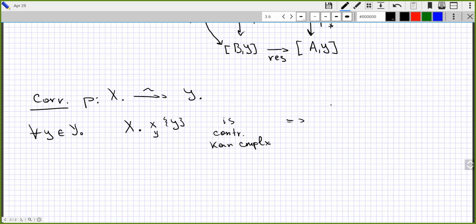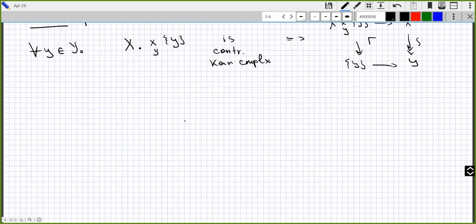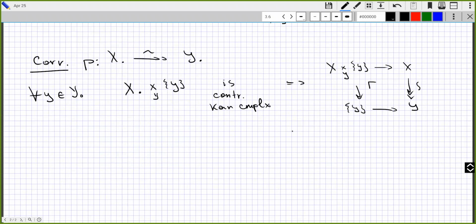Well, it's easy. Again, you draw a diagram and see it. So that is also a trivial fibration over the point, so this set is a contractible complex.